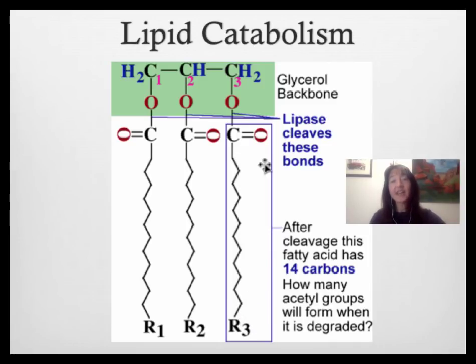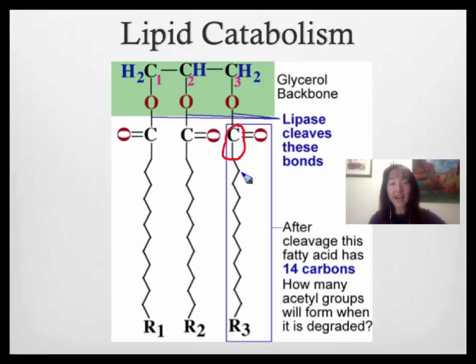Now, one thing that we have to make sure we do is to count the number of carbons correctly. And sometimes that can be a challenge if you're not sure where those carbons are. So this is our first carbon here. So if this is carbons 1 and 2, right?